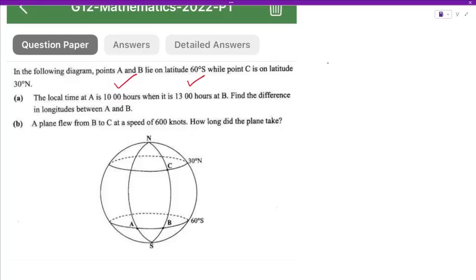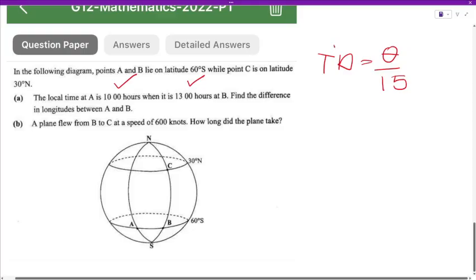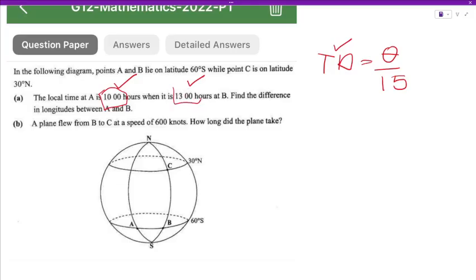Very simple question. Okay, time difference is equal to theta over 15. What are they asking us to find? The difference in longitudes. Okay, we said when you're dealing with time difference, where do you get this theta? From the difference in what? Longitudes. So here we're just trying to find the value for theta. We can find the time difference by subtracting these two times, 10 and 13 hours. 13 hours minus 10 hours will give you 3 hours.